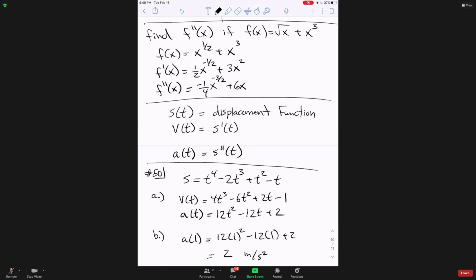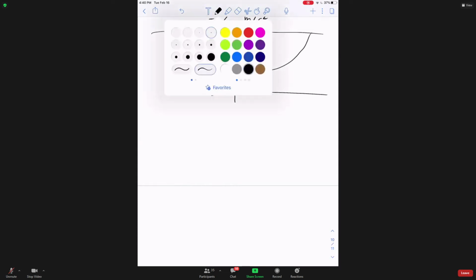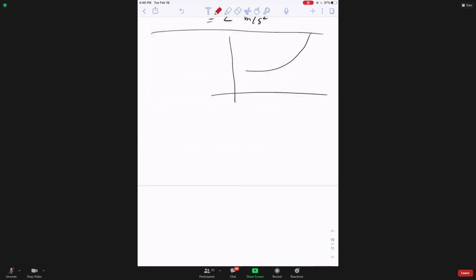All right, here we go. This is just a general graph that I'm going to draw here. So let's say the slope of the tangent line at a particular point.